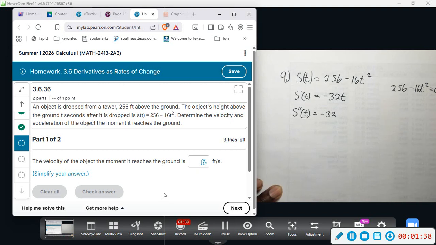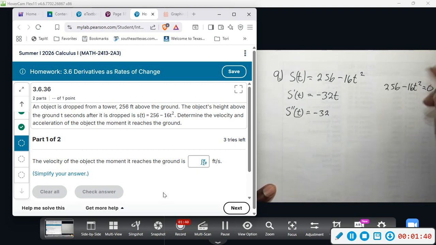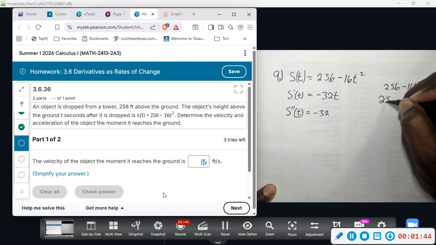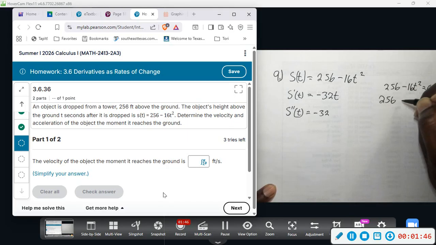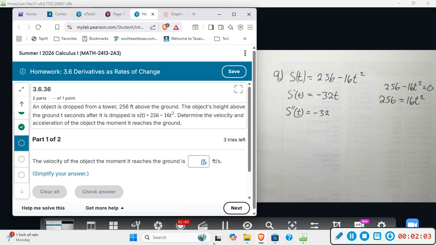We're going to move the 16t squared over by adding it. So we have 256 equals 16t squared. Divide by 16. I think 16 times 16 is 256.